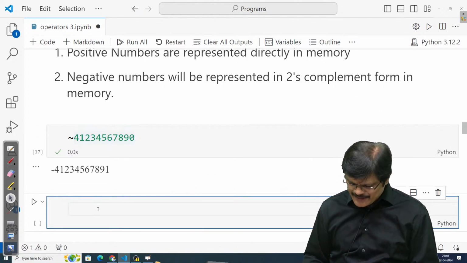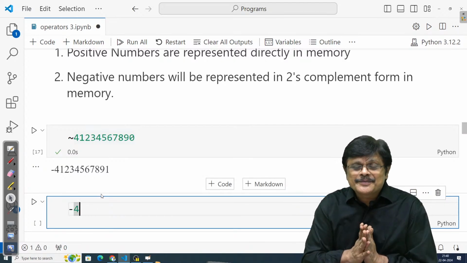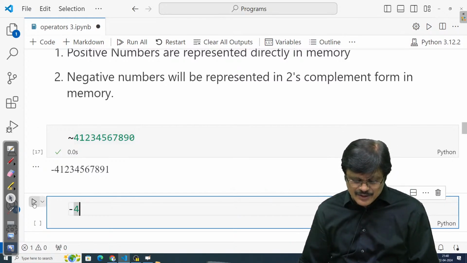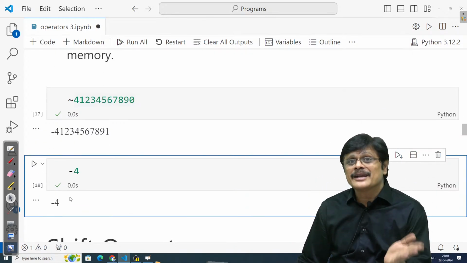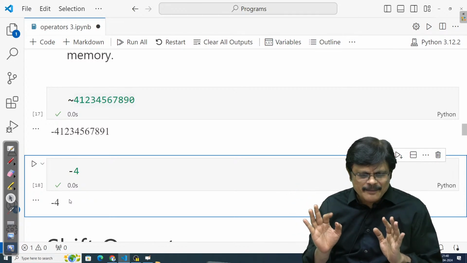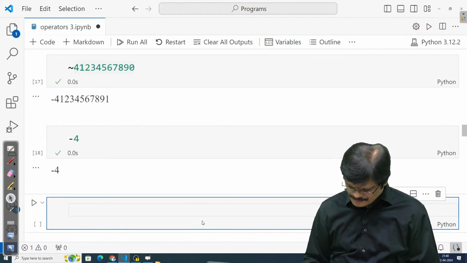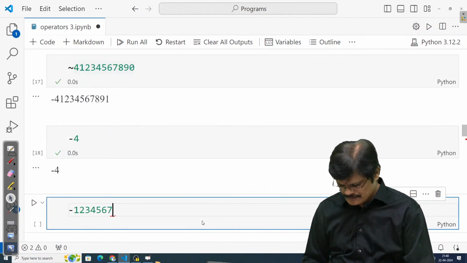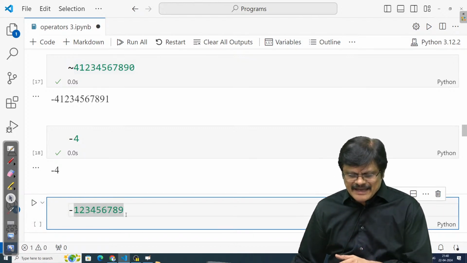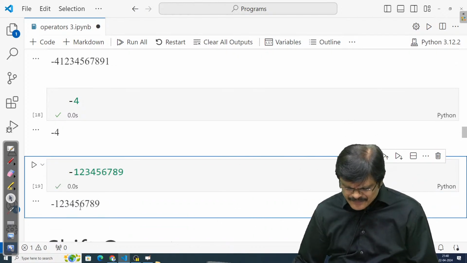Now what about a negative number? Suppose you take -4. What is 1 more than -4? -3. Minus of that is 3, which is the answer. So when it is a negative number, always take 1 more than that, and minus of that is your answer. You take any big number, sir. Okay, so 1 more than that is 788. Oh, sorry.